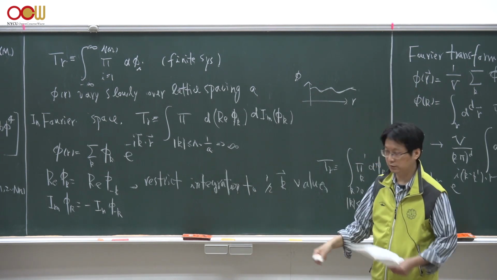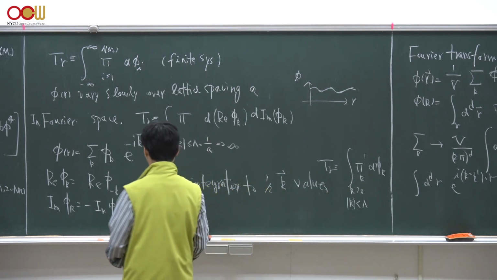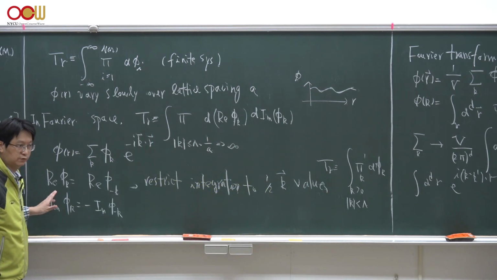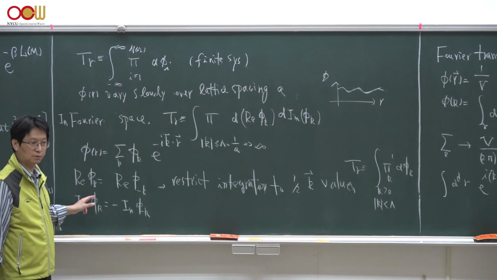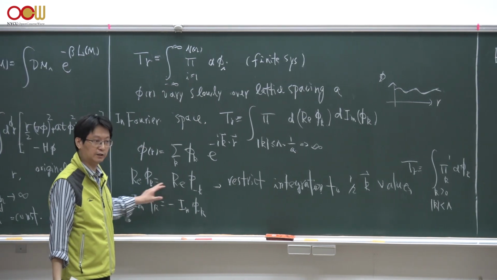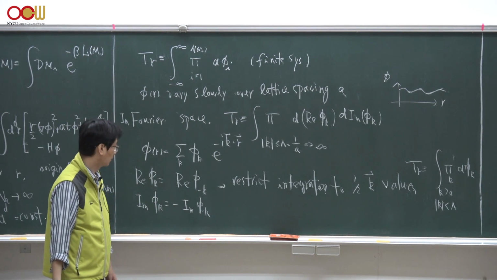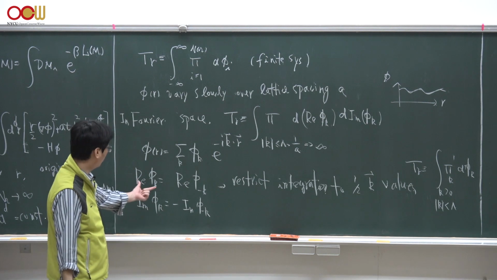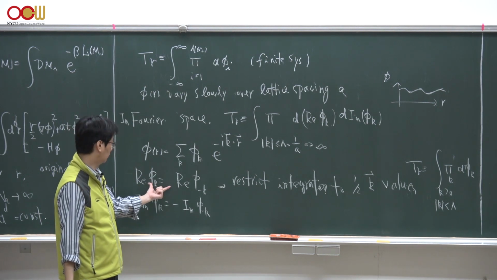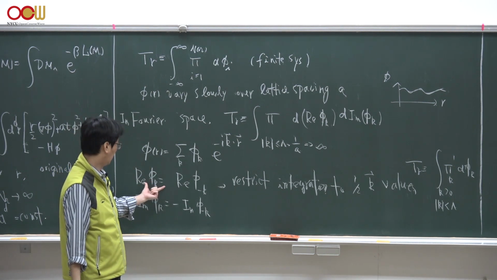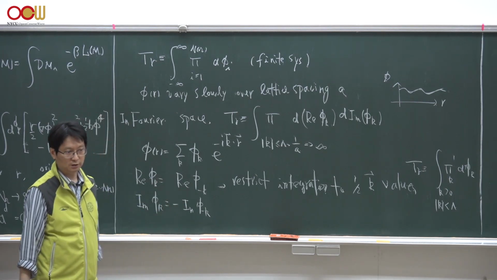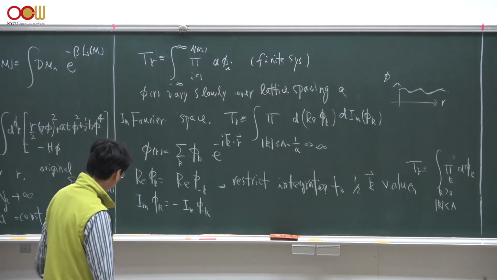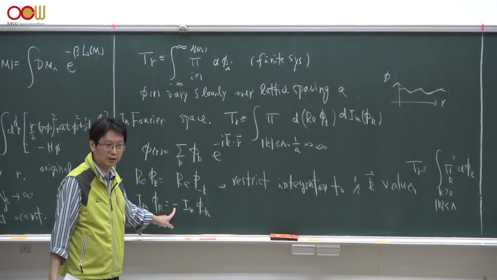But we could simplify this calculation by taking advantage of the relation between phi k and phi minus k in real and imaginary parts. In the real parts they are equal, so the real part of phi of k is the same as the real part of phi of minus k, but in the imaginary part we get a minus sign.